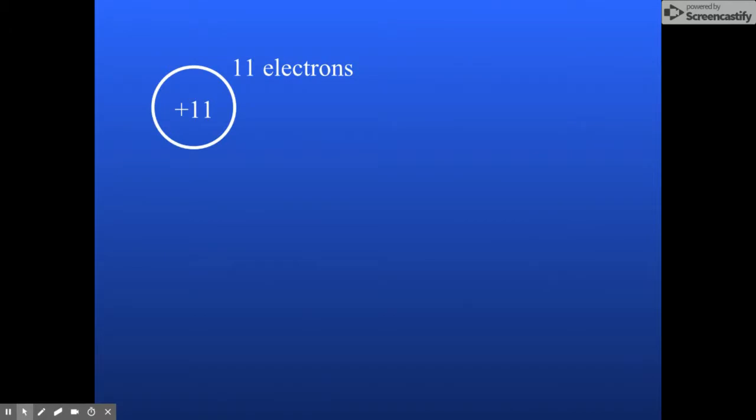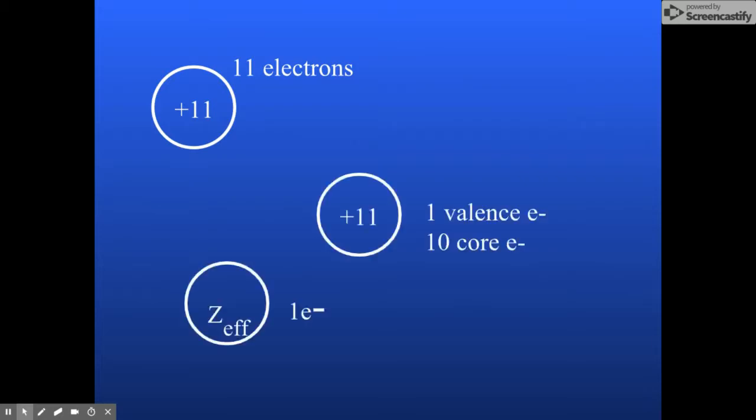So if we think about a sodium atom, we've got 11 positive protons in the nucleus, and if it's electrically neutral, we have 11 electrons outside of it. But really a better way to think about this would be that we've got 11 protons in the nucleus, and we have 10 core electrons. So those core electrons are kind of running interference between the attraction of that one valence electron that sodium has and its attraction to that positive nucleus.